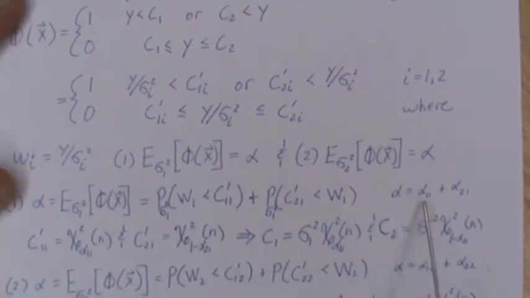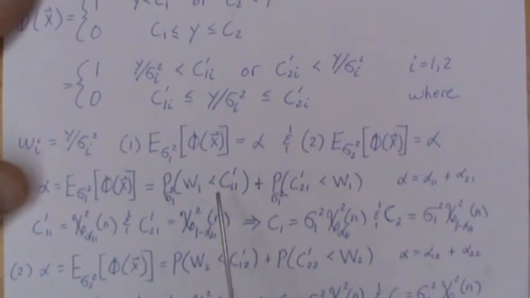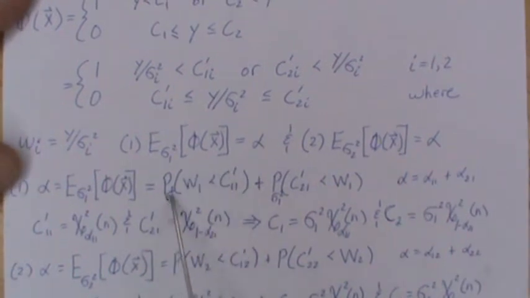Now, here we have to assume that if we split alpha into alpha 1,1 and alpha 2,1, where the second index, the 1, means that we're assuming sigma 1 squared is the true variance. Then, since this is a chi-squared, this piece has to be alpha 1,1 and this piece has to be alpha 2,1.